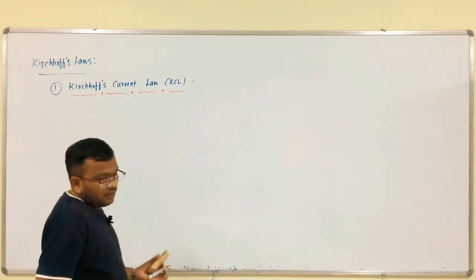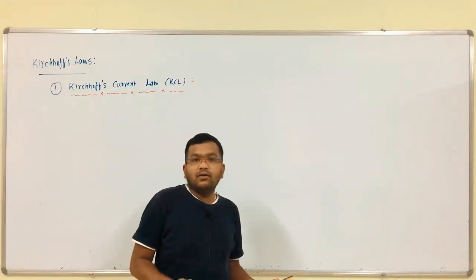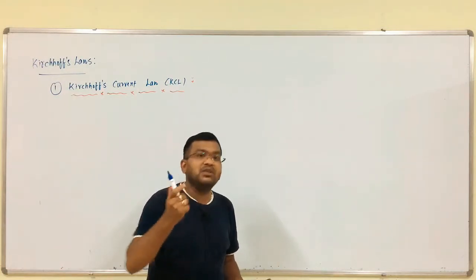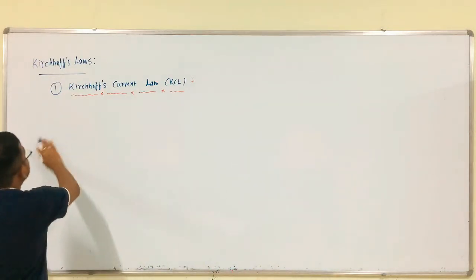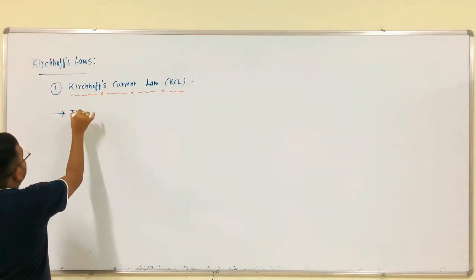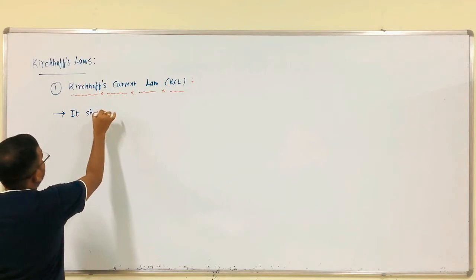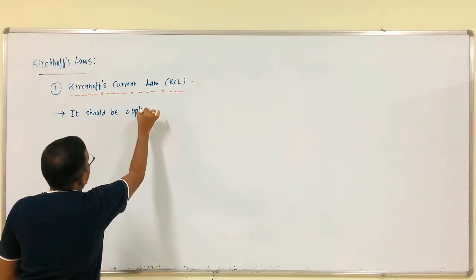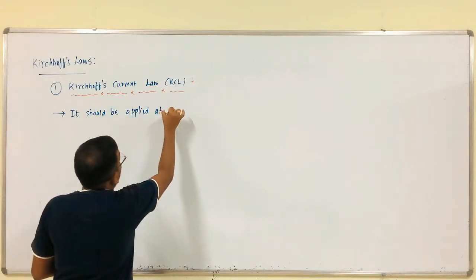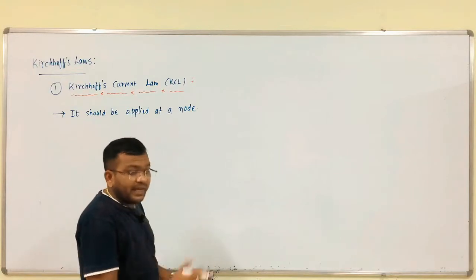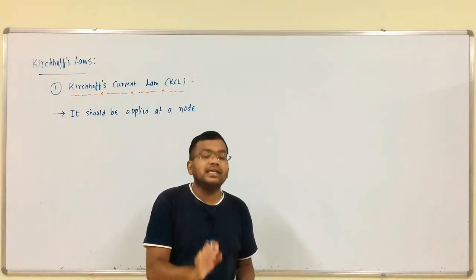Before the discussion of the statement, we have to discuss some important observations. That is, it should be applied at a node. At a particular node only we have to apply KCL.